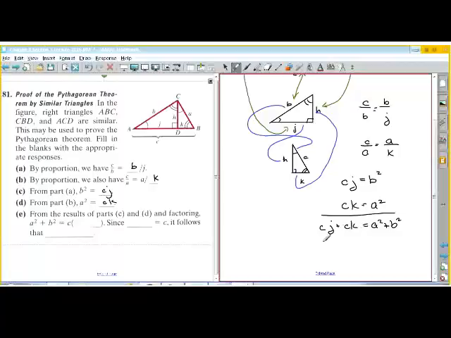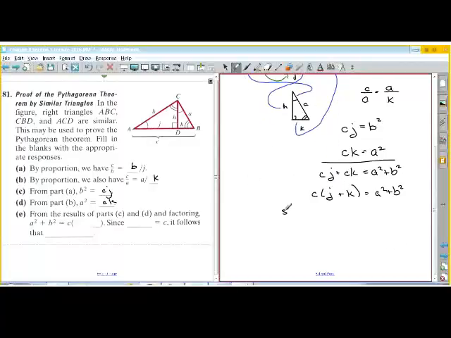So it almost looks like the Pythagorean theorem. We have A squared plus B squared. If we factor out the C, we have a C multiplied in each term here, so we can factor it out and it becomes C times J plus K. But if we go back to the original formula, K plus J equals C. So since J plus K equals C, we can rewrite this as C times C is equal to A squared plus B squared, or A squared plus B squared equals C squared.